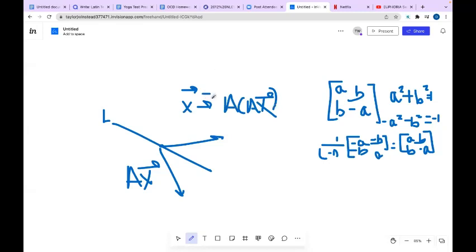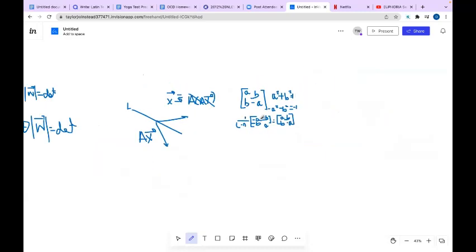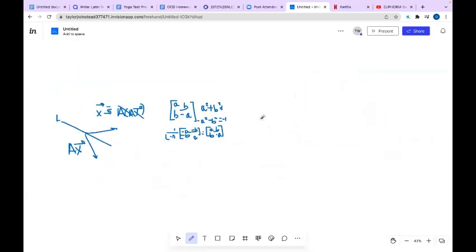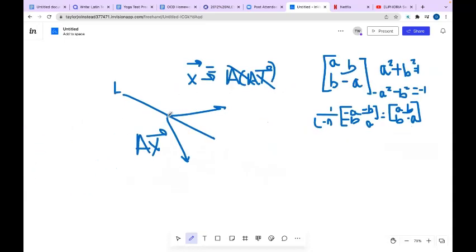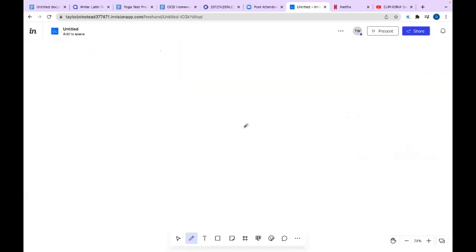Well, if vector x is equal to A times A times vector x, that means that these A's cancel each other out, which means that they've got to be inverses of each other. They're both the same thing, but they're inverses of each other. So they cancel out. That doesn't really have to do anything, but it's just kind of cool how we can bring in those definitions of different types of transformations and apply that to invertibility and find some cool things.